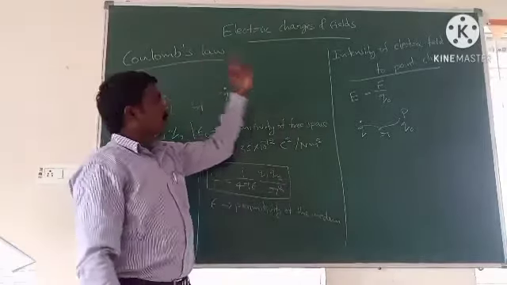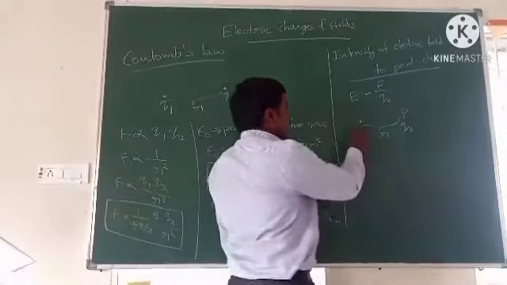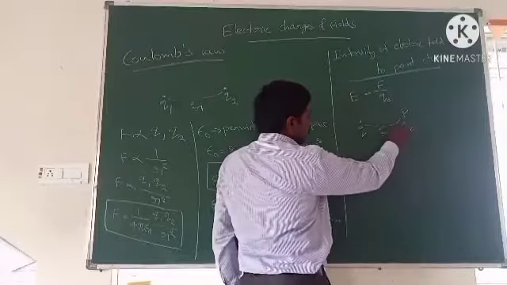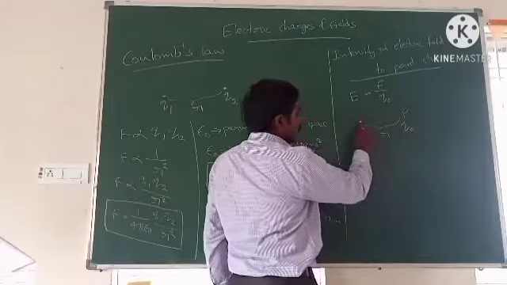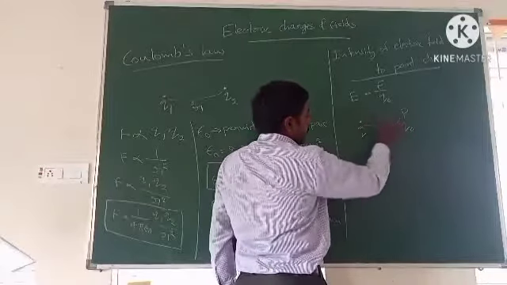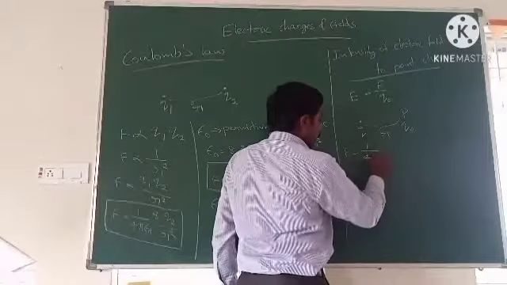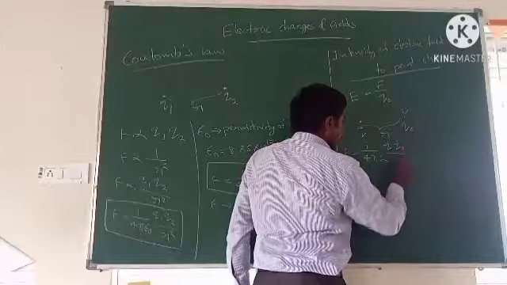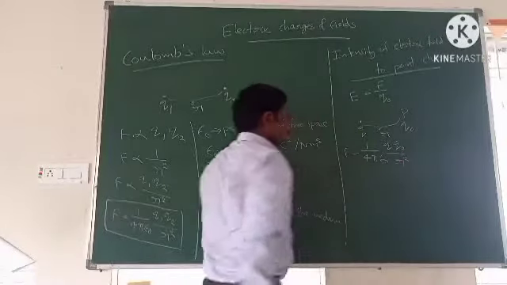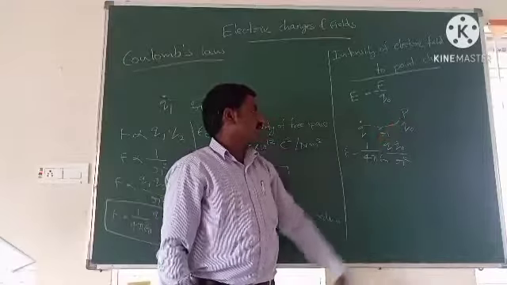Now, applying Coulomb's law, one point charge is Q and the other is unit positive charge Q0. The force of interaction between these two point charges is F equals 1 by 4 pi epsilon naught Q Q0 by R square.